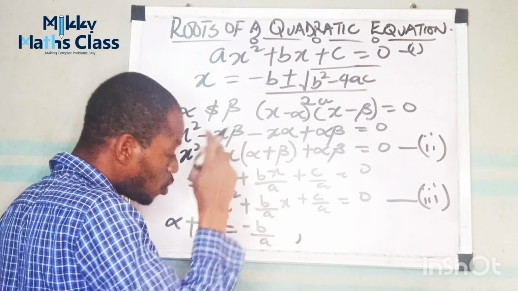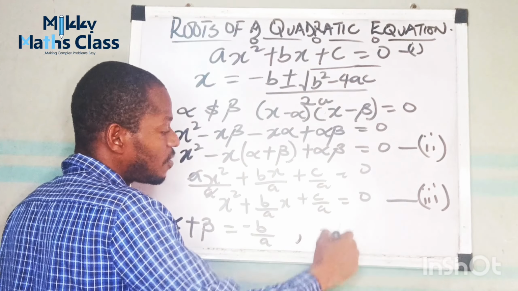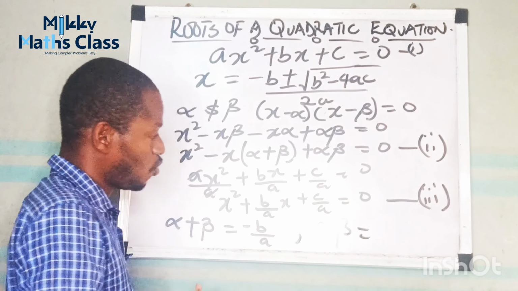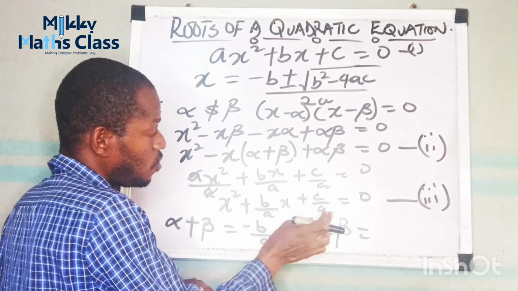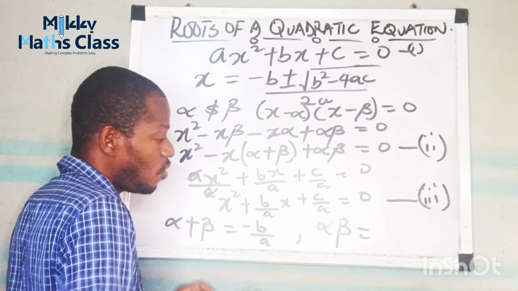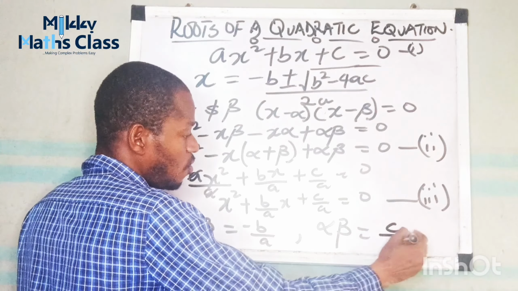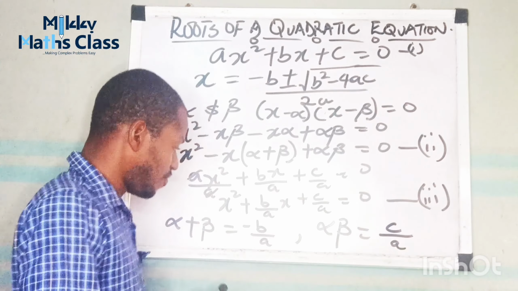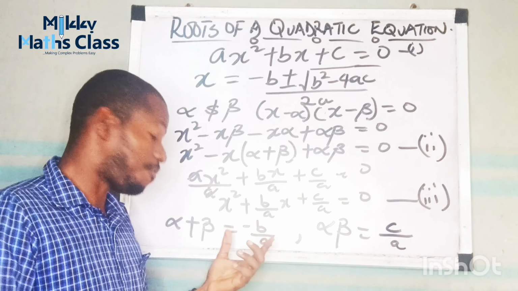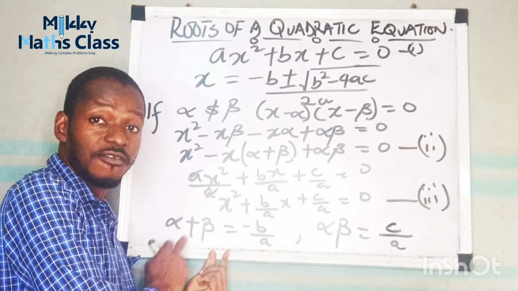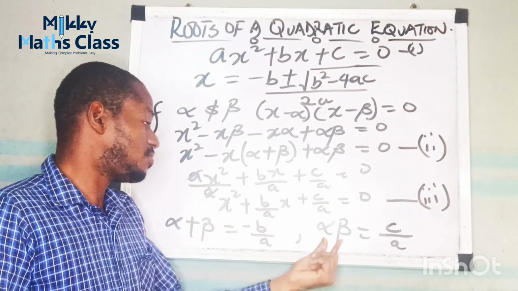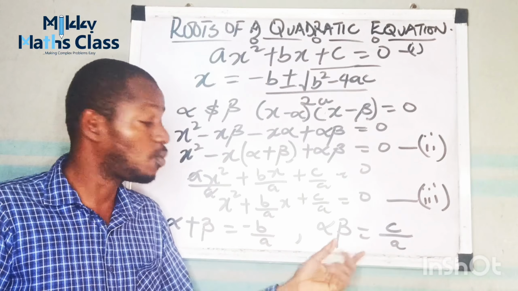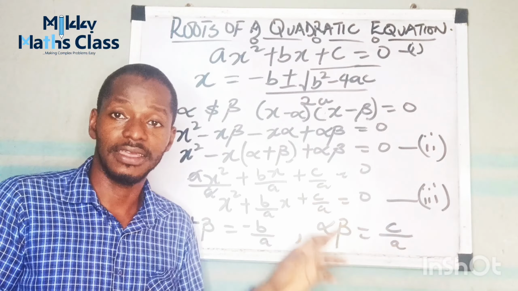Now the product of the roots, alpha times beta, is equal to, where is it standing here, c over a. So when you are given the quadratic equation, the sum of the roots alpha plus beta is equal to negative b over a, and the product of the roots is equal to c over a.